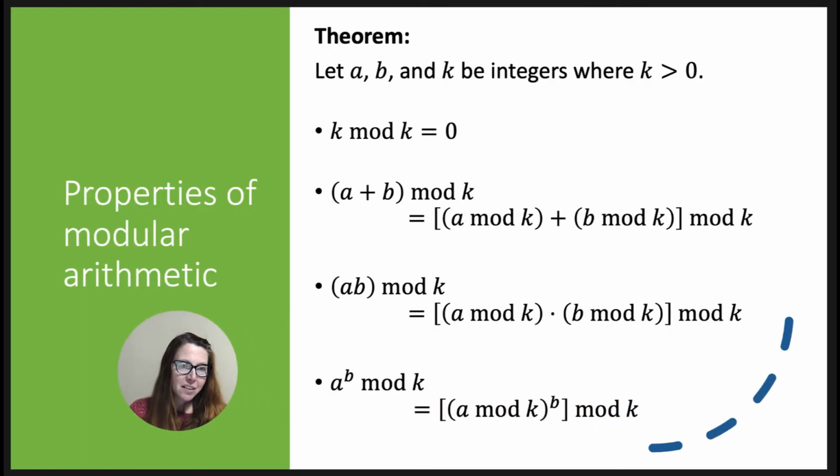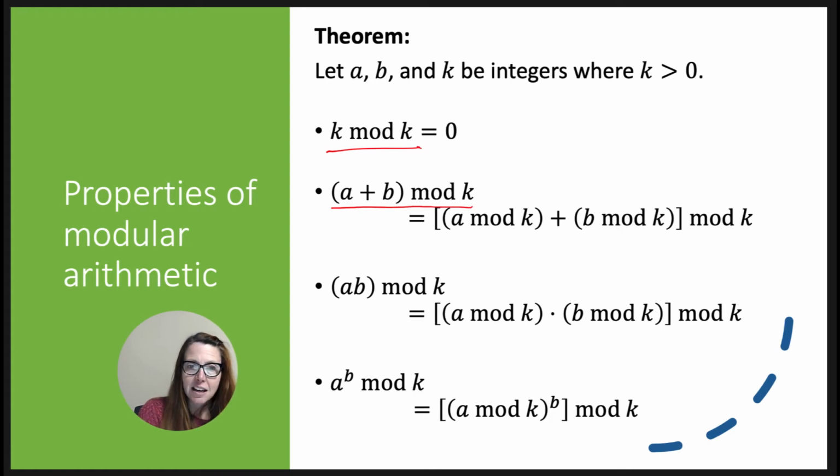Let's remind ourselves of some properties of modular arithmetic. So we remember that n mod k is the remainder when we divide n by k, but let's remind ourselves that k mod k is always 0. The remainder when you divide a number by itself is always 0. And then we also have these other fun features.